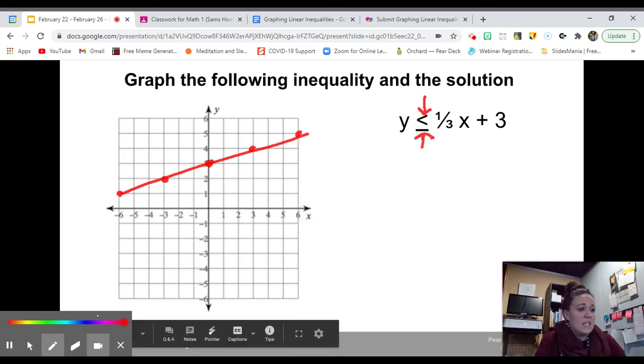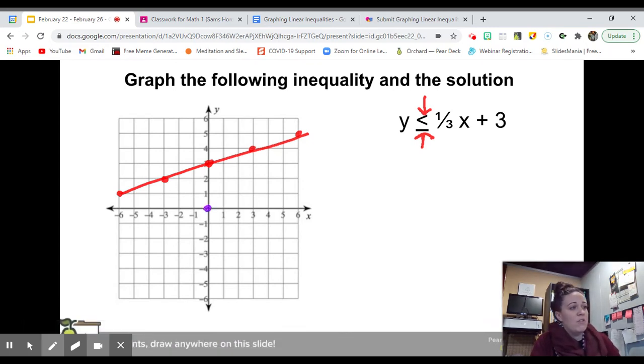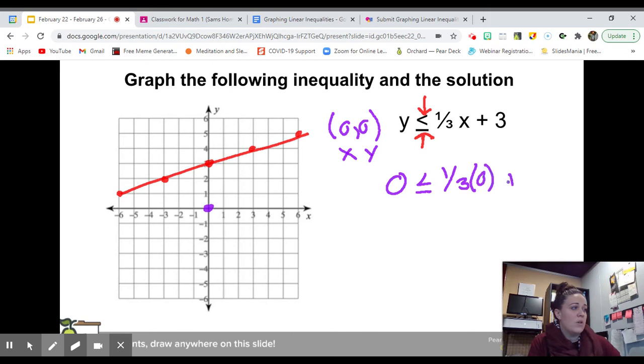Next, we need to test to see, am I shading below or am I shading above? So 0, 0, we are in luck, is not on the red line. So I'm going to use 0, 0 as my tester point. Again, we have an x and a y. 0 is going to go in for my y value. So is 0 less than or equal to 1/3 times 0 plus 3?